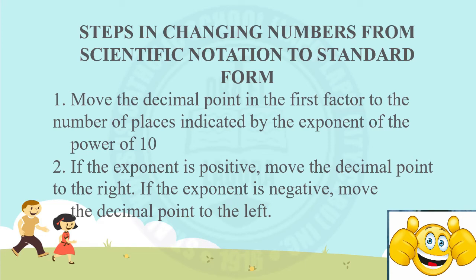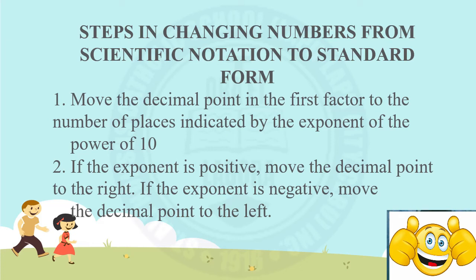Step 1. Move the decimal point in the first factor to the number of places indicated by the exponent of the power of 10. Second step. If the exponent is positive, move the decimal point to the right. If the exponent is negative, move the decimal point to the left.